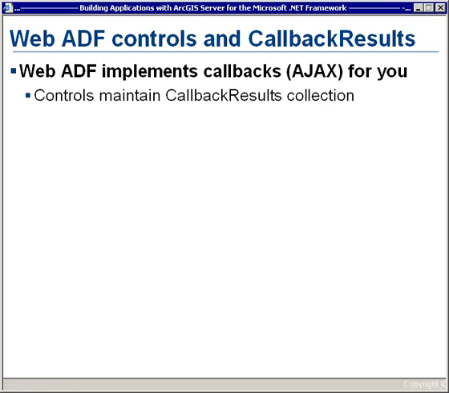The good news is the Web ADF has built that plumbing for you. In most cases, all you need to do is plug into the existing architecture that the Web ADF is using for making callbacks and sending the results to the client. The Web ADF does this on each control using a callback results collection.